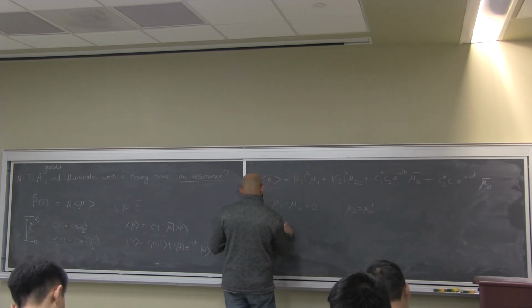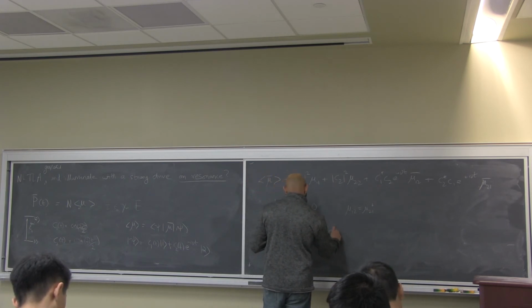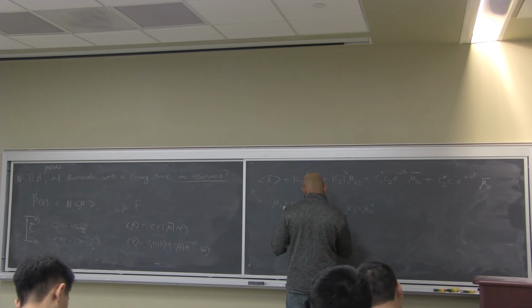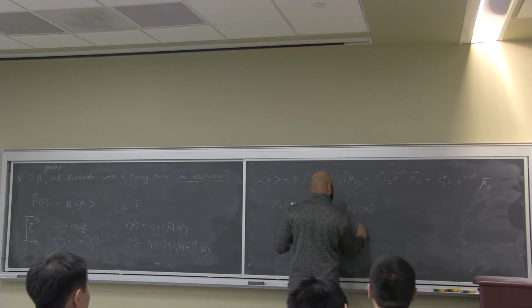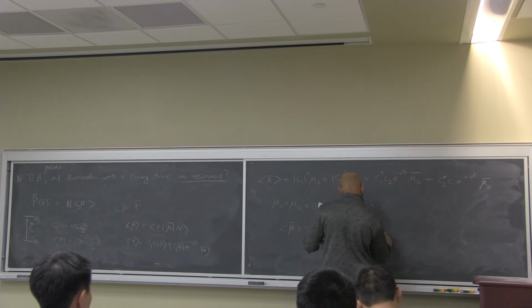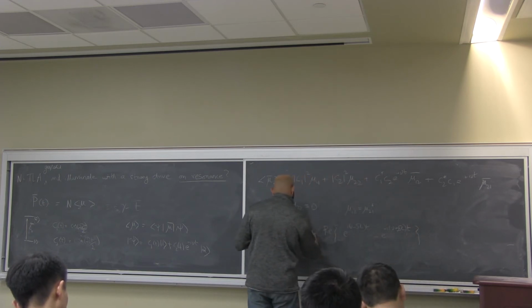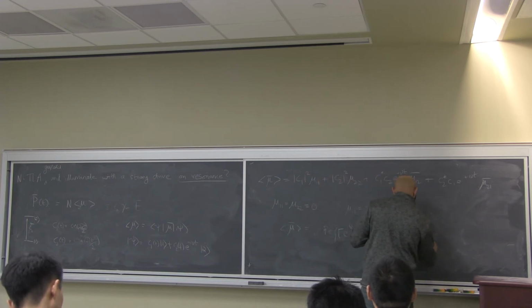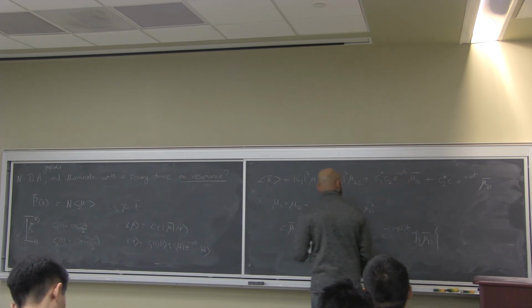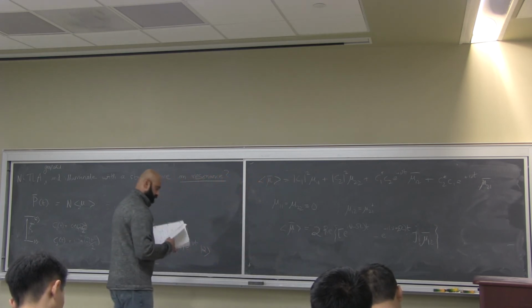Okay, so from that, it's straightforward to find mu, which is just 2 times the real part of, you will show this, I'm going to skip all the algebra, the real part of e to the i nu minus omega t minus e to the minus i nu plus omega t times, brackets, mu 1 2.